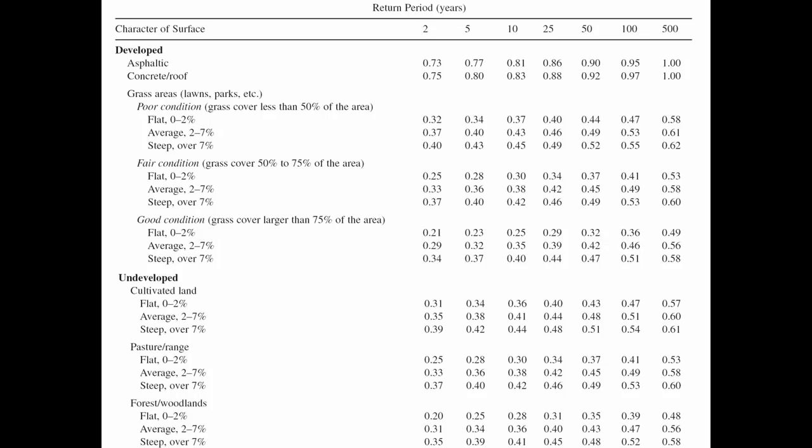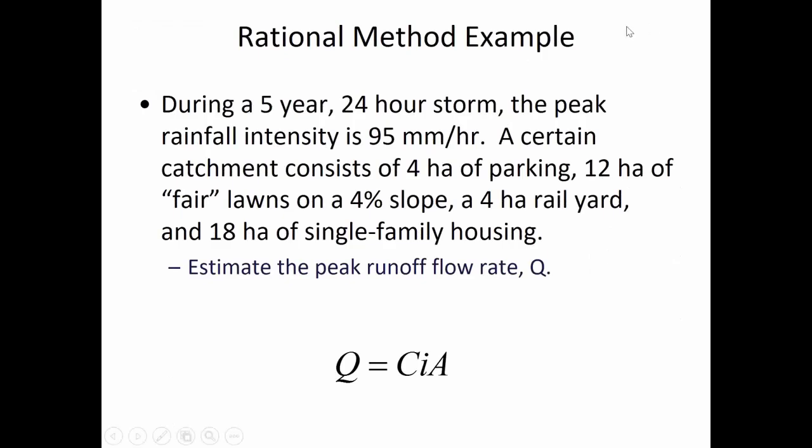So the average C value for this area is going to be 0.495 if we want to come up with a weighted C. So the C value of 0.495 is just saying the average C value for all of that.